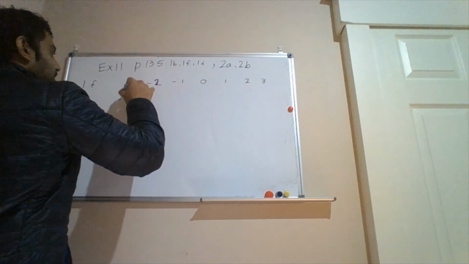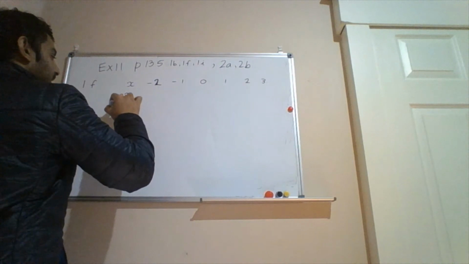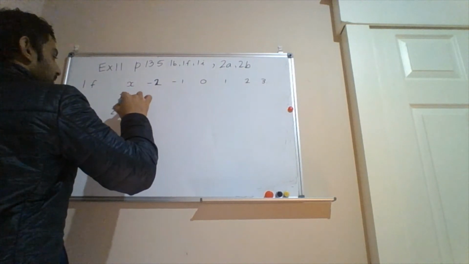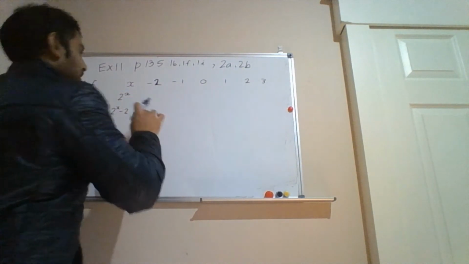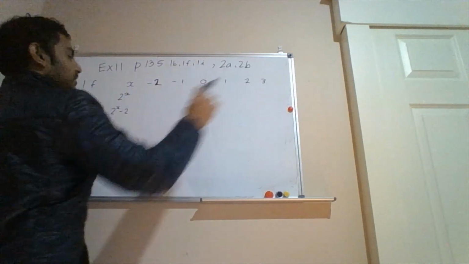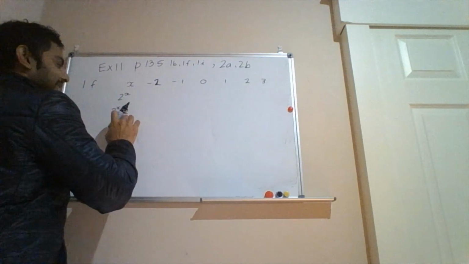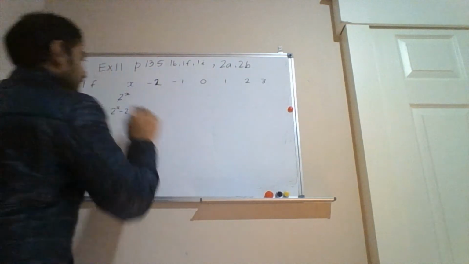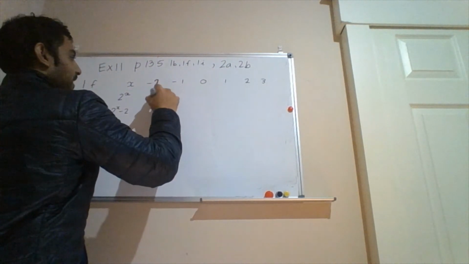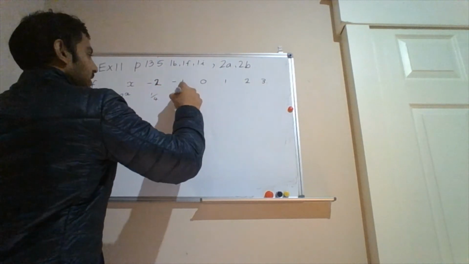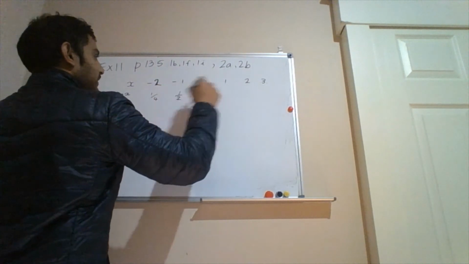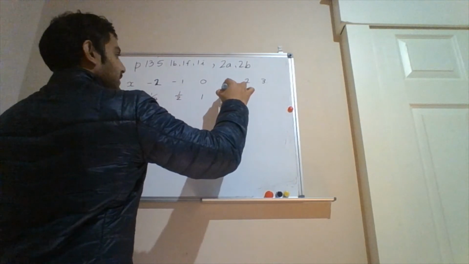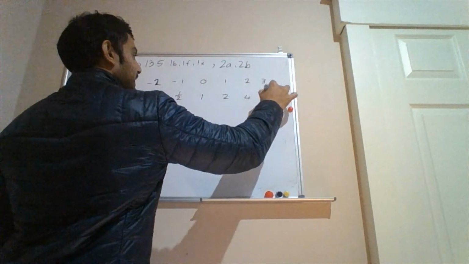We can do 2 to the power of x first, and then we can do 2 to the power of x minus 2. And once we found all the y values for 2 to the x, for 2 to the x minus 2, we just subtract 2 from each of them. So 2 to the power of x is 1/4, then half, 1, 2, 4, 8.